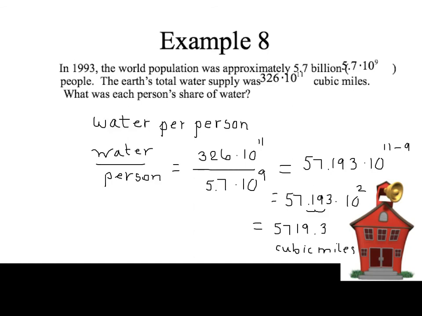One thing to note, though, is that that's the Earth's total water supply, and in actuality, only about 1/3 of 1% of all of the water on the planet Earth is actually usable. So each person would be really given a much smaller amount of water due to the fact that not all of that water on the Earth is usable.